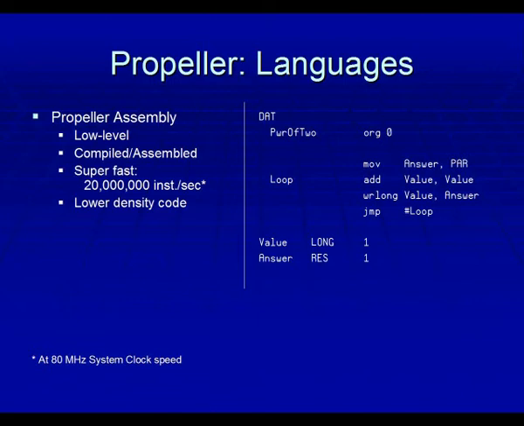It is also lower density code. The Spin code is higher density, really. And what we mean by this is that in assembly, every instruction that I'll show you over here, like this move instruction, takes one long of space.